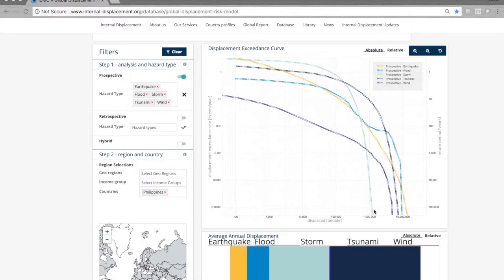This is the case for flooding in large river basins and severe tropical cyclones. The value at which the drop occurs depends on the proportion of the population exposed to that particular hazard. By contrast, the magnitude of displacement risk for earthquakes continues to increase. As the intensity of the earthquake grows, so does the number of people exposed to it.